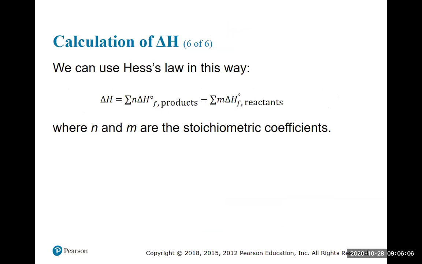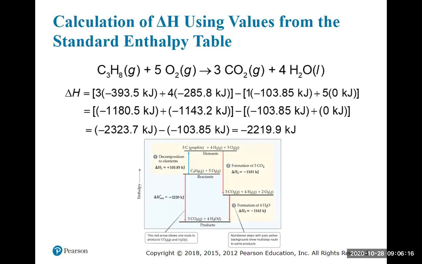Just to remind you, the reason why it's products minus reactants is that the values in that table would be formation constants. In this case, we're forming CO2, we're forming water, so formation constant is applicable to that. But for the propane and the oxygen, and oxygen is kind of a moot point because O2 is always 0 in these things, for the propane, we're not forming propane, we're degrading it, right?